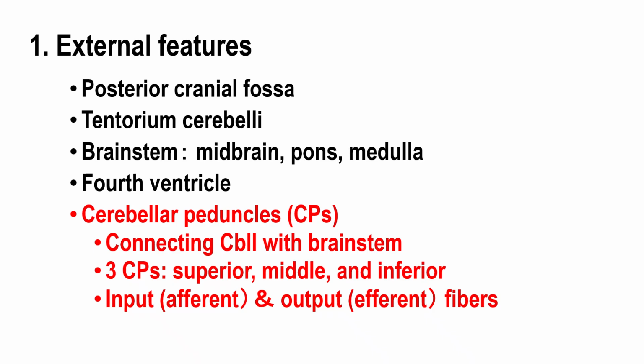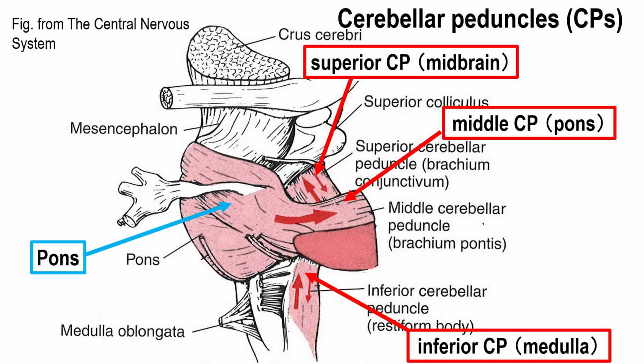The cerebellum and brainstem are connected by the cerebellar peduncles, which function as input and output pathways for the cerebellum. There are three cerebellar peduncles: superior, middle, and inferior.